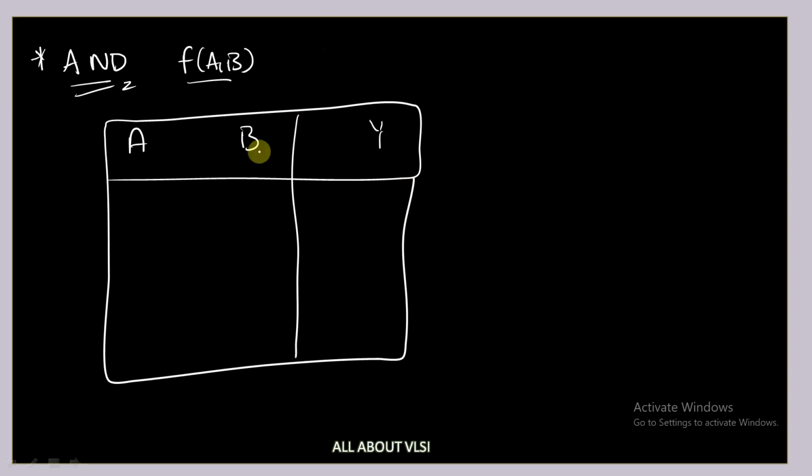Now I want to write the truth table of this AND gate in the positive logic. How to write this?